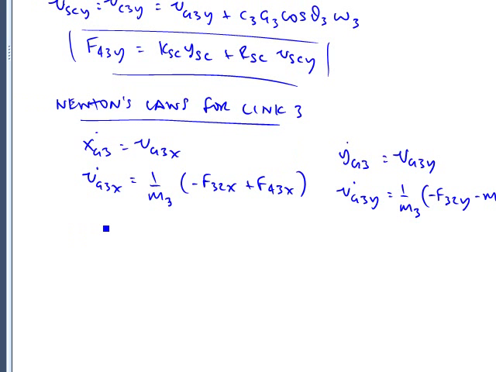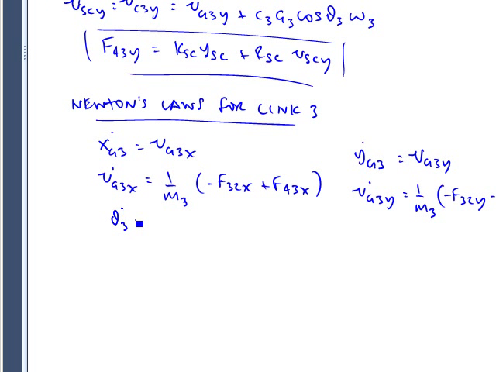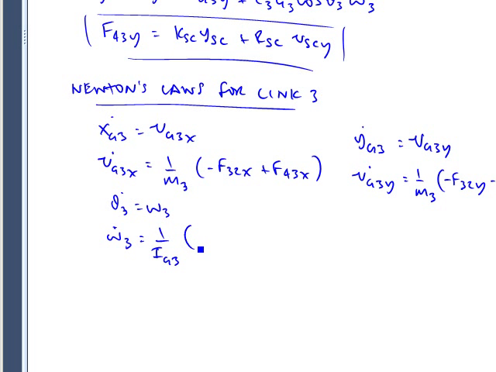The dreaded moment equation: theta 3 dot is omega 3. Omega 3 dot is 1 over the inertia times the moments. If I go back and look at the free body diagram of link 3, I am going to see a minus T fric B. And if you recall, T fric B was defined as B times omega 3 minus omega 2.